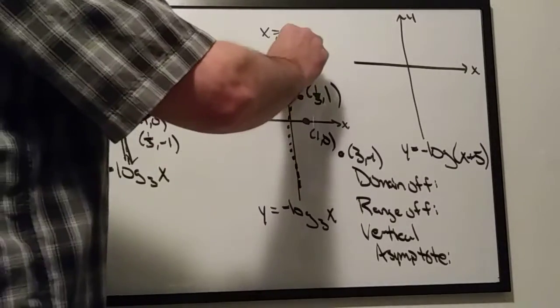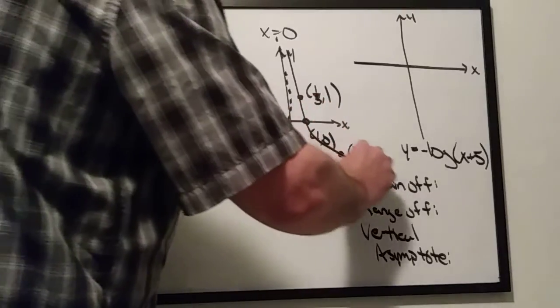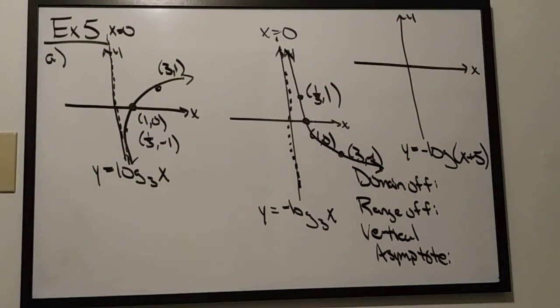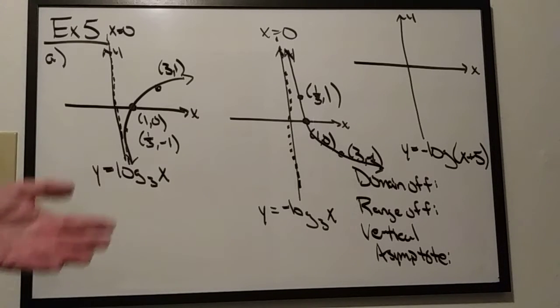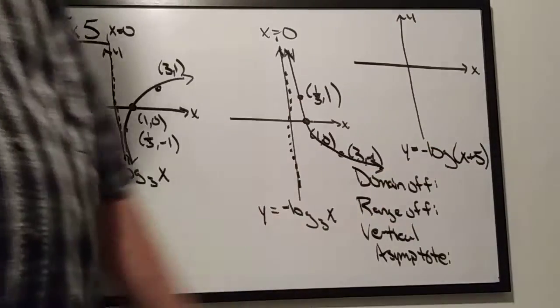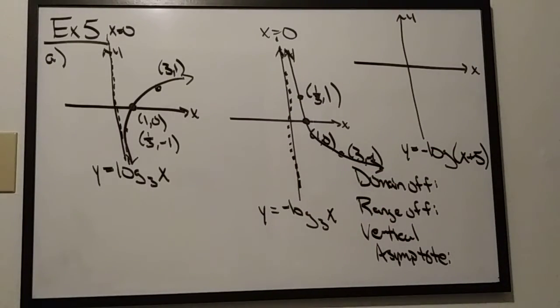So now that I have those, I can go ahead and draw my graph. An interesting thing to note then is that when I flipped this graph about the x-axis, I ended up getting a graph that was decreasing everywhere that it was defined. So now that I have that first change in mind, let's think about what's going to happen in terms of that addition of 5. Notice where that addition of 5 is.